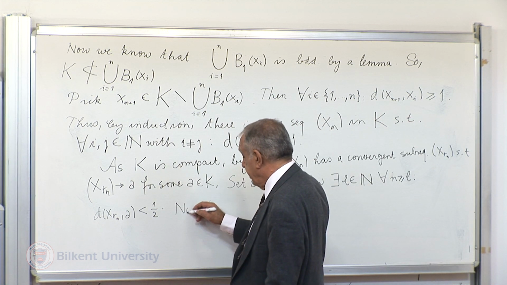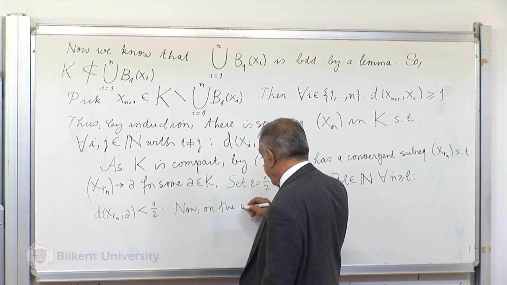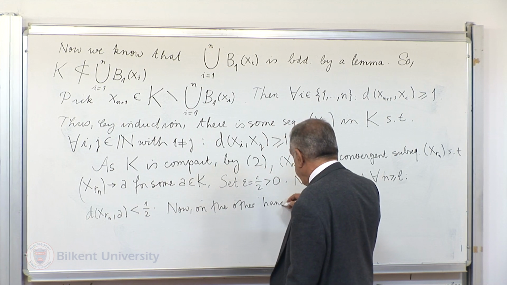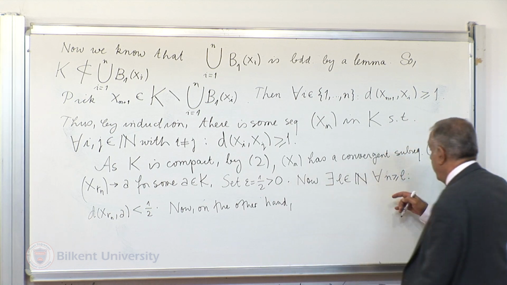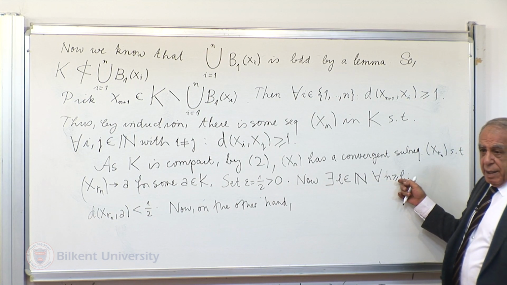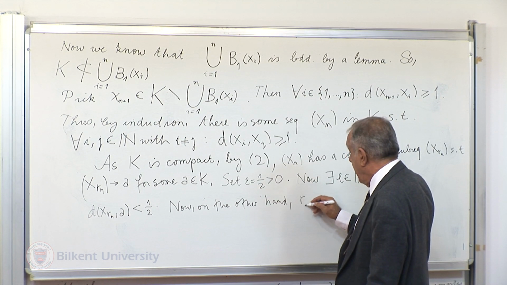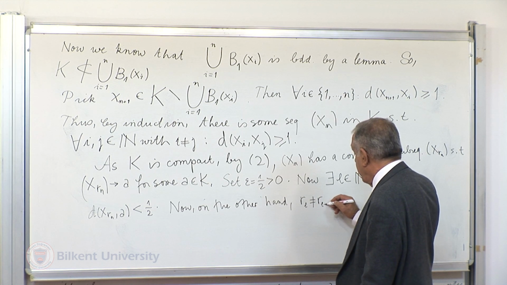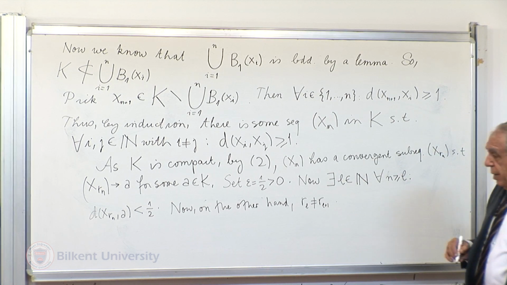Now, on the other hand, let me just take two different n's beyond L. Well, I can take R sub L, that's different than, well, just let me take the next one, R sub L plus 1.